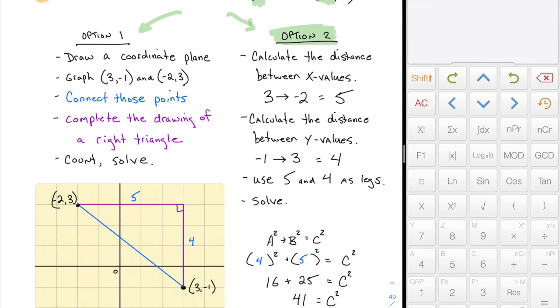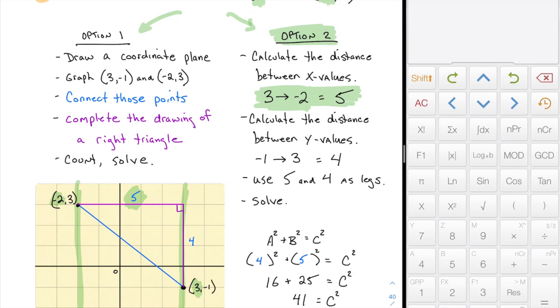It's the 3 in the x and the -2 in the other x. How far apart are those things? Well, to figure out how far apart they are, you can subtract them. Now, there's some absolute value work here, but I'm just going to go ahead and show you that it's 5, because I think you can follow that the difference between 3 and -2 is 5 spaces.